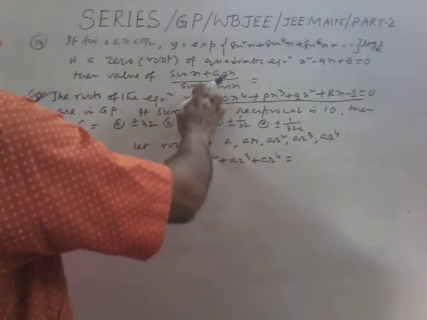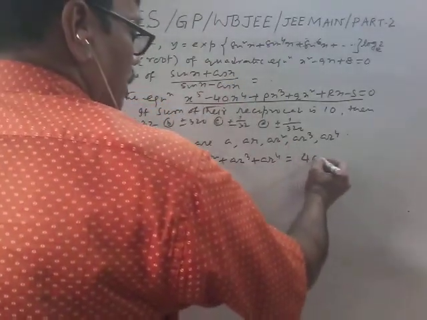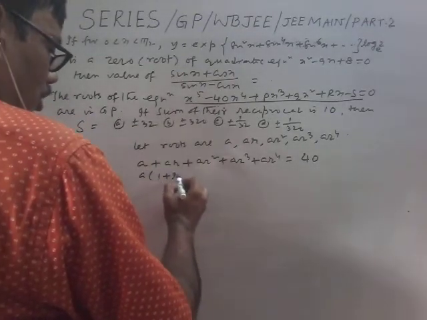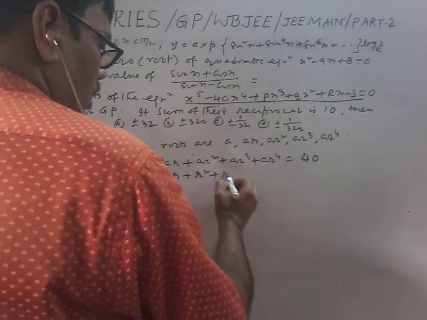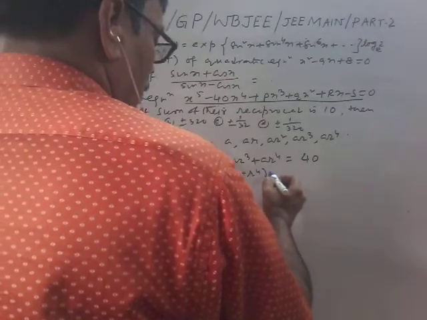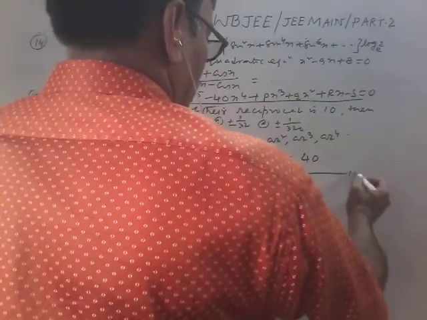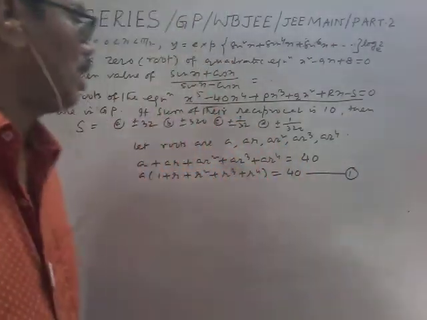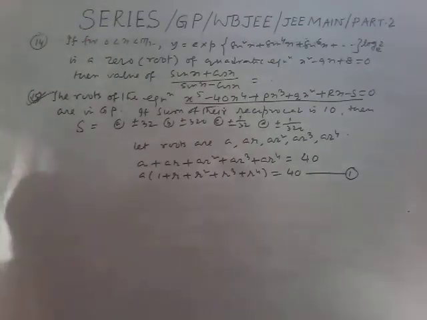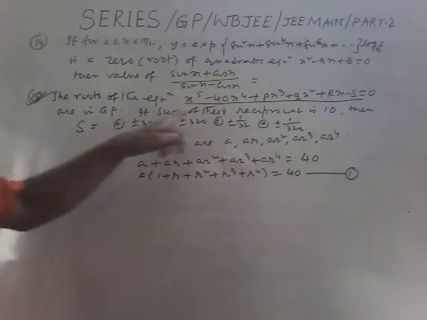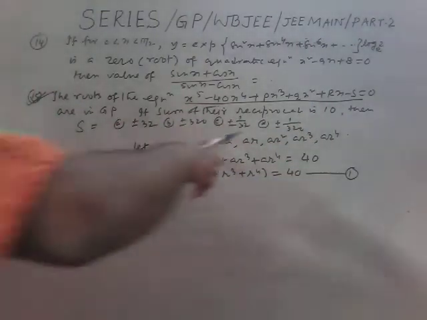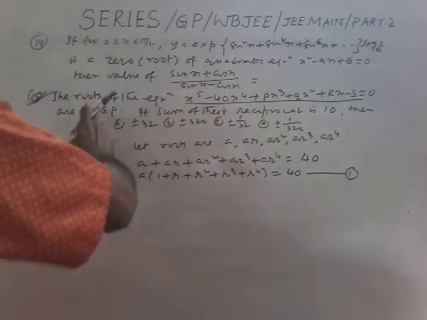So minus and minus, plus. This is 40 by the coefficient of x to the power 5. So we are getting A times 1 plus r plus r square plus r cube plus r to the power 4 equals 40. So this is equation number 1. Now the sum of the reciprocals is 10 and you have to find S. What is S?